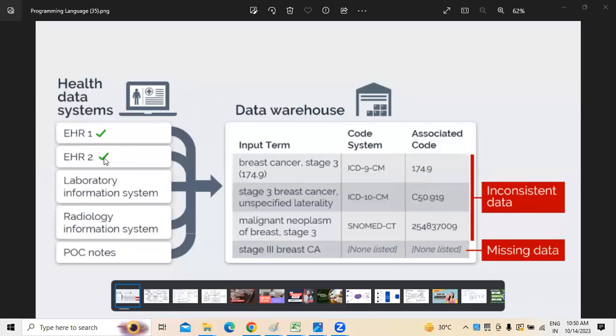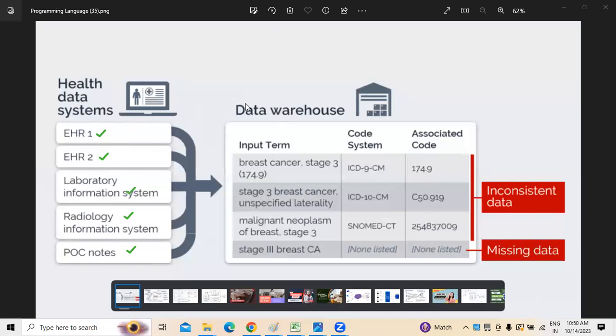At the same time, we may be taking some laboratory information systems, because of the clinical records in reference to the testing that they have taken. At the same time, the radiology information system, followed by POC notes and everything, are all things essentially involved in healthcare data systems.